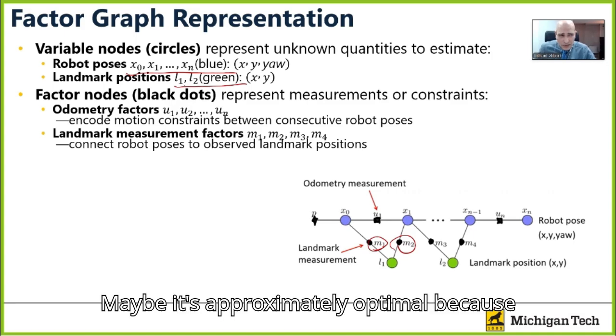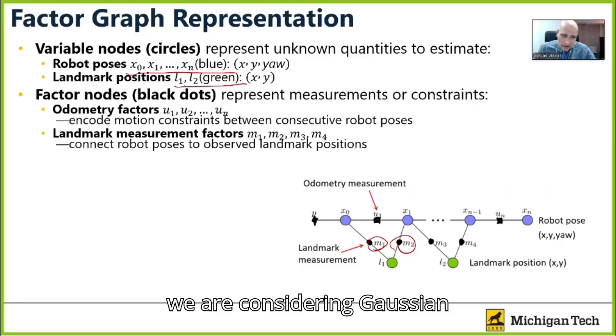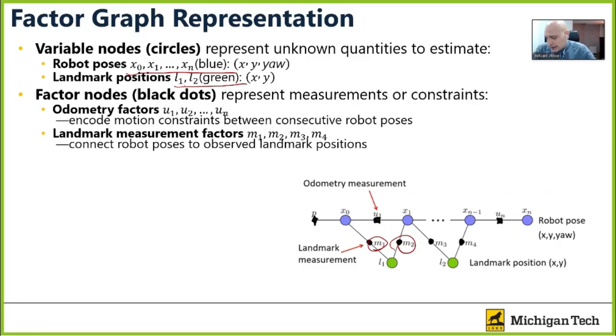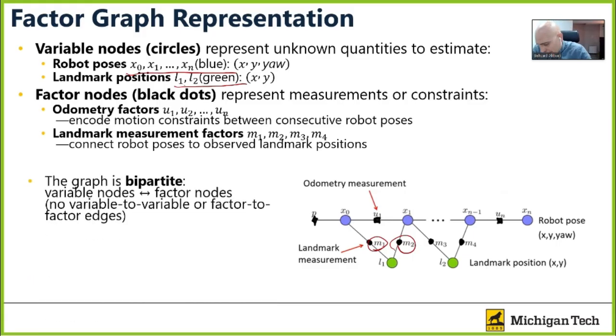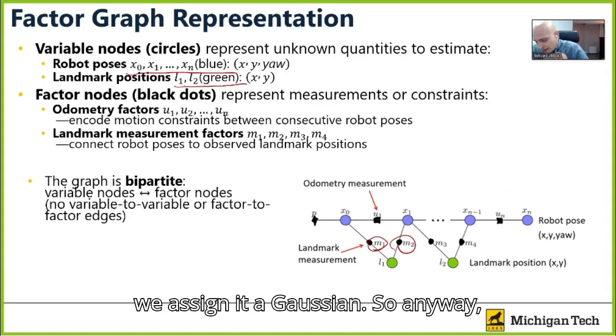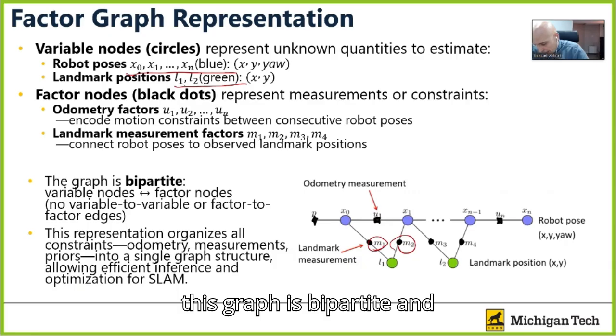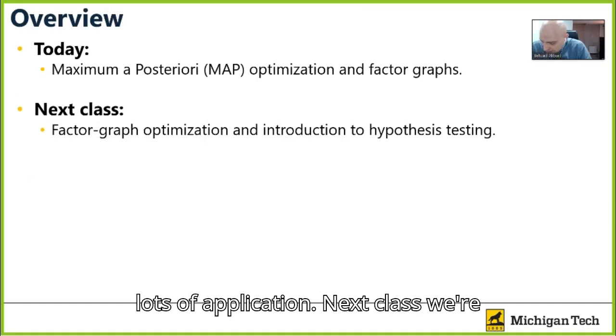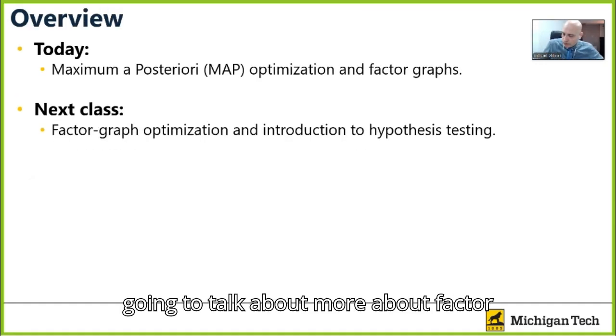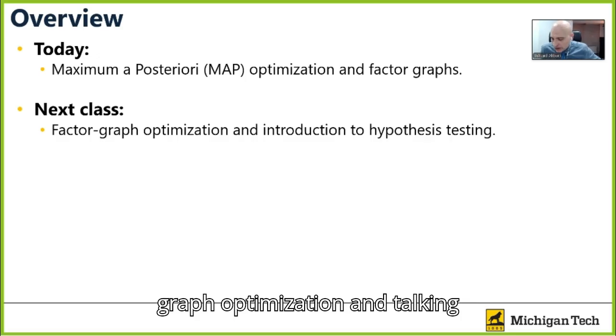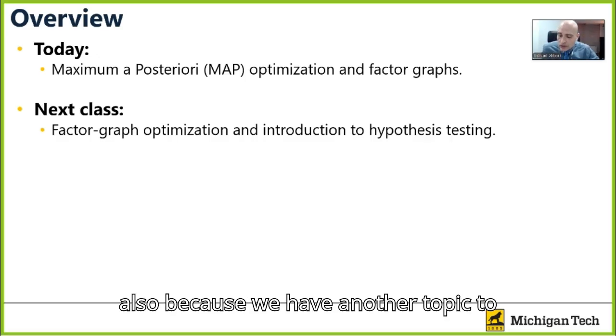Maybe it is approximately optimal because we are considering Gaussian, as we assign it Gaussian. So anyway, this graph is bipartite, and this has lots of applications.